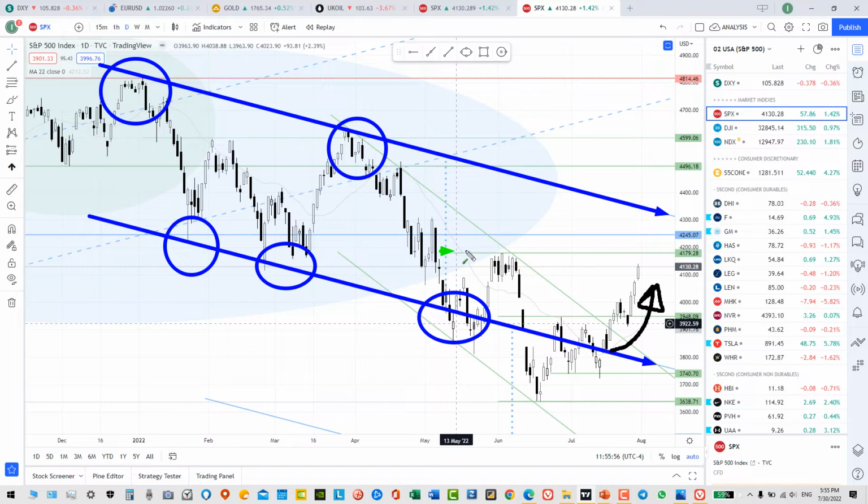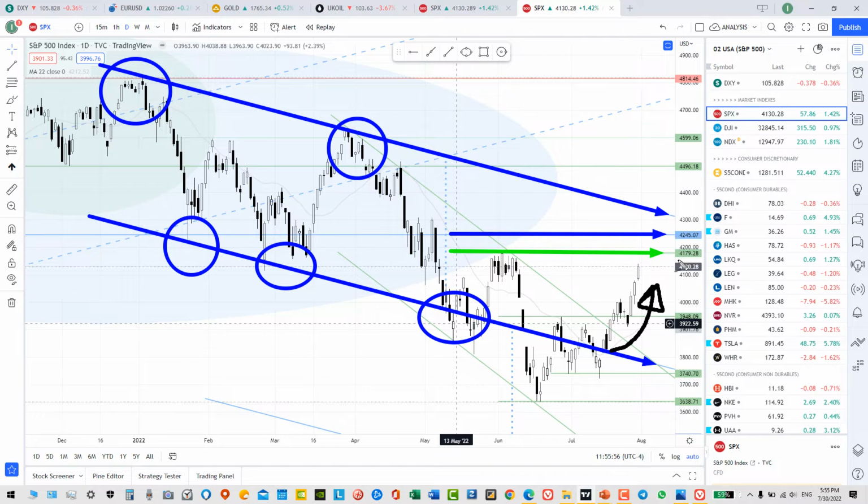The first resistance is around 4,180. It's a short-term daily resistance, followed by horizontal weekly resistance around 4,245, and finally the downtrend line is running through a resistance at 4,300.